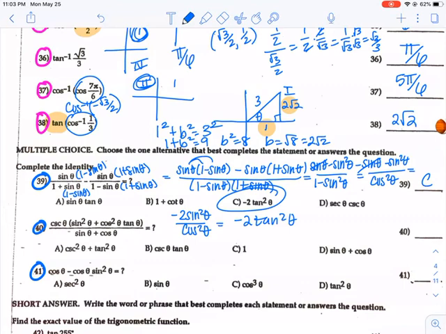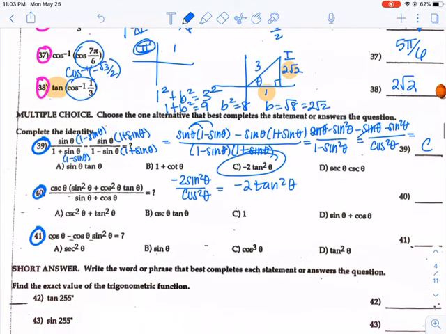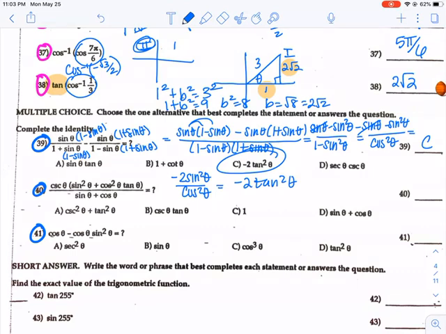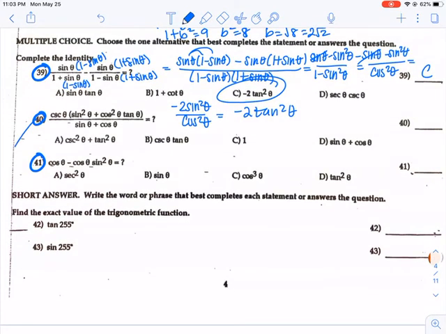40, let's just distribute and see what happens. Distribute the numerator, which is cosecant. Let's first change everything. Cosecant is 1 over sine, and then you have sine squared plus cosine squared.